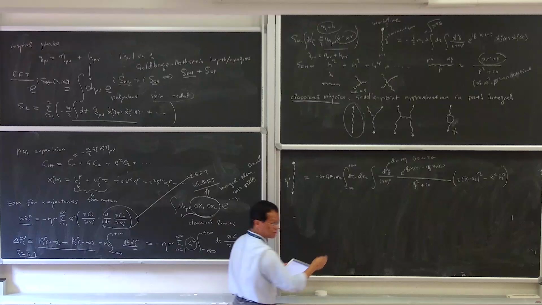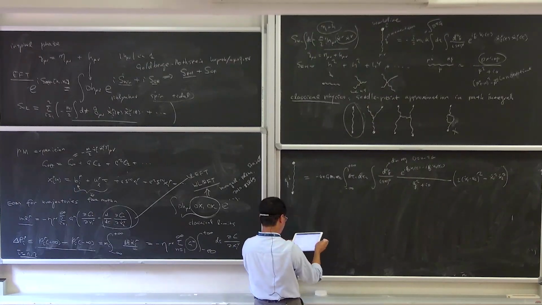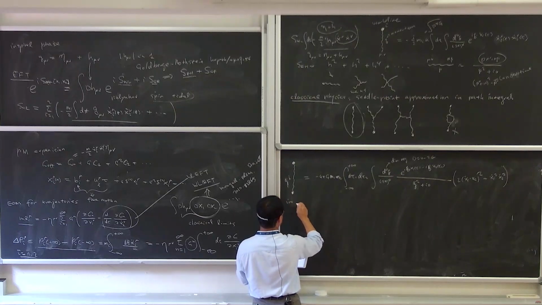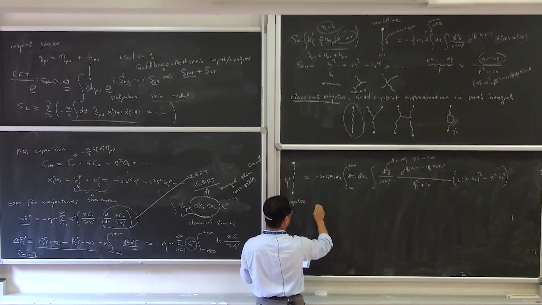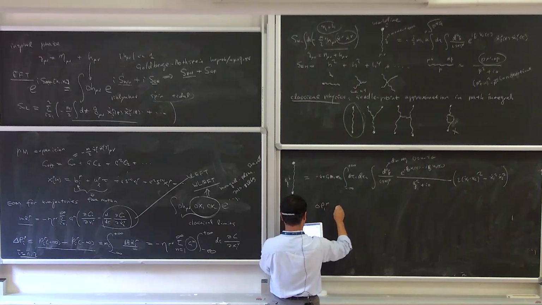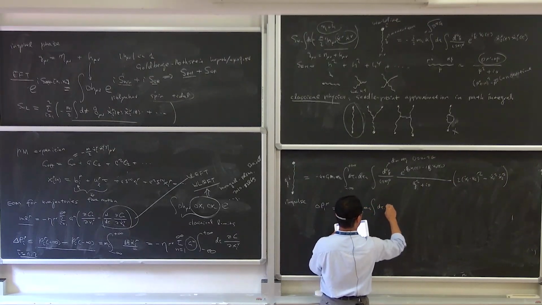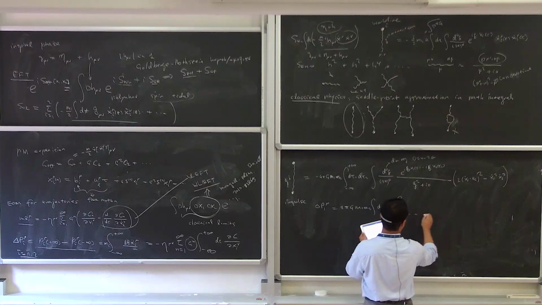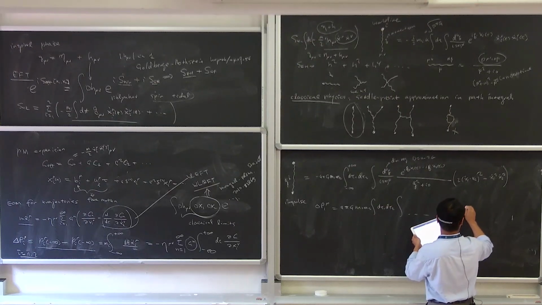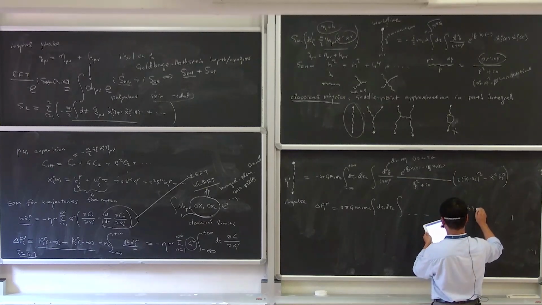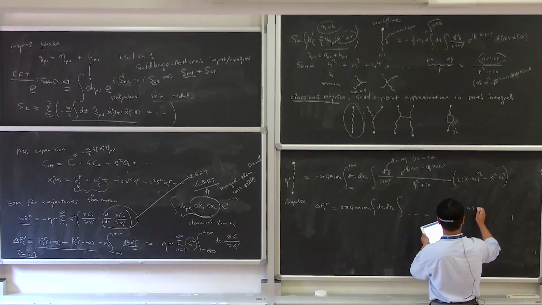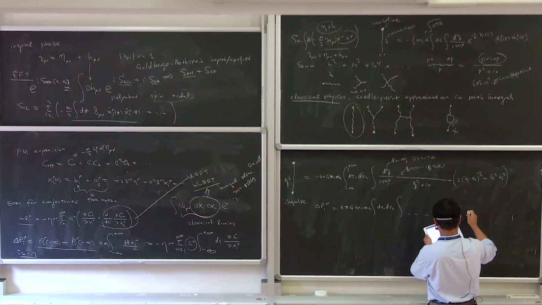From these diagrams we can also compute impulses, meaning delta P. For example, delta P1 just gives this. This part is the same.